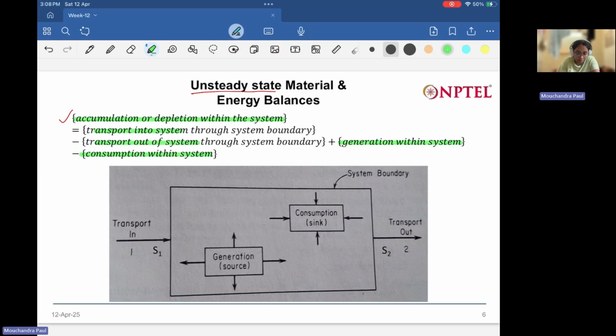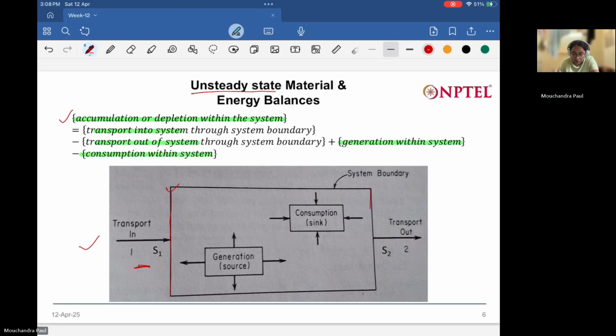This diagram here shows the same thing that is written here. If this rectangular box is the system with the system boundary, then on one side material is coming in through the defined surface, the surface area S1. Within the system, there is some generation and consumption going on, maybe a reaction.